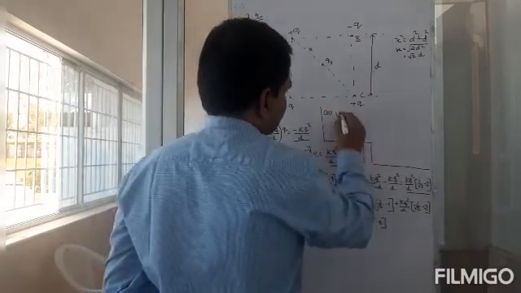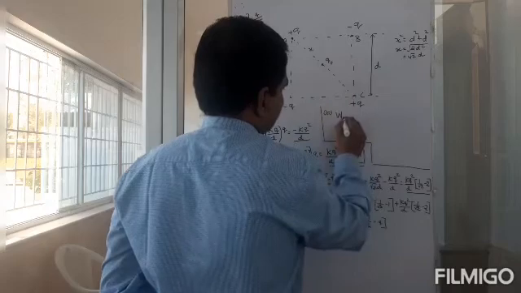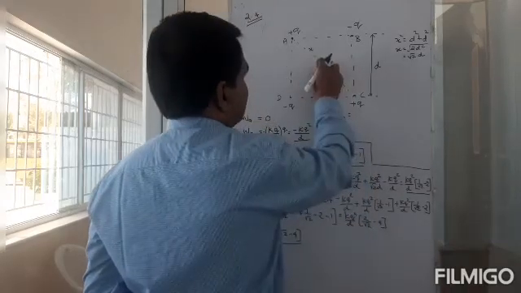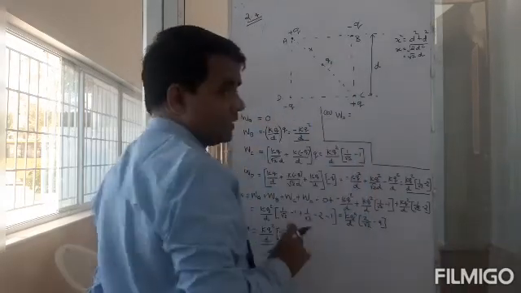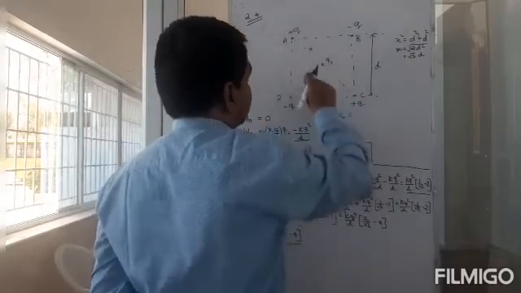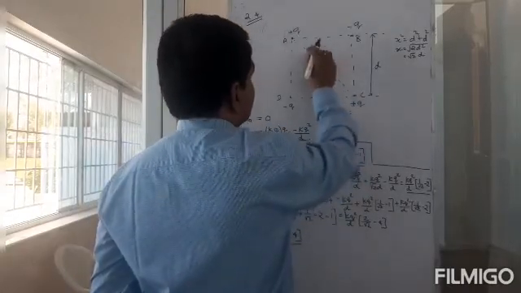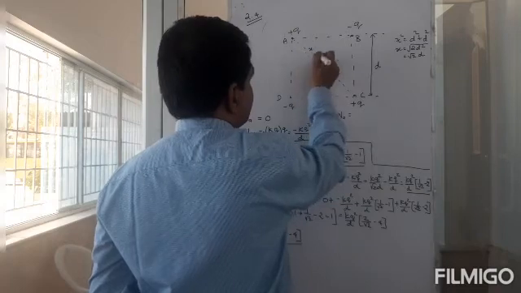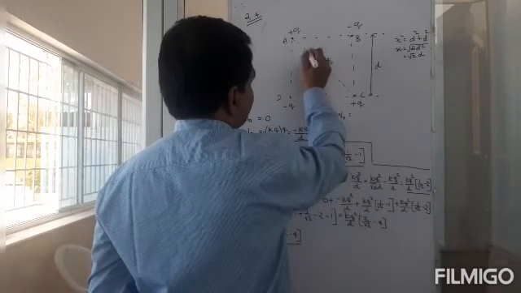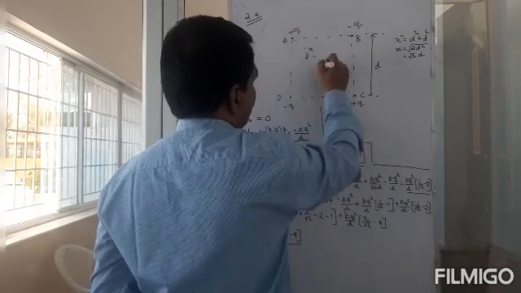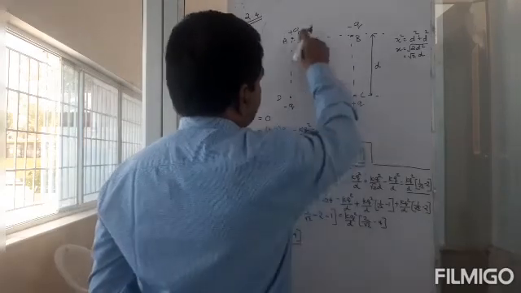So work done for Q naught is equal to the potential at this point times Q naught, the potential due to all the other charges. Let's say this distance is y, or x by 2. From here to here, that's y distance. What's the potential here?